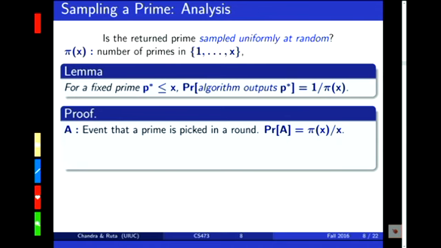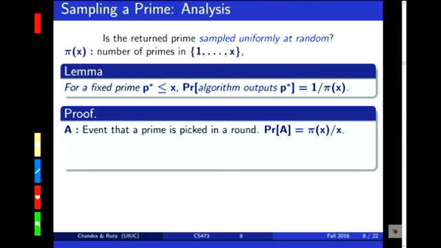What is the probability I could pick p star? What is the probability that I pick a particular number, say 1, in a round?